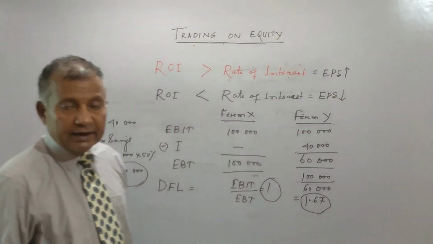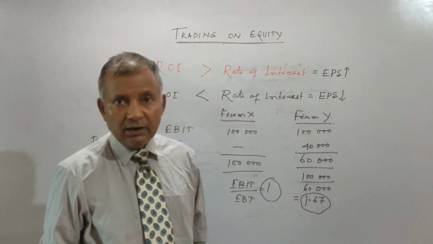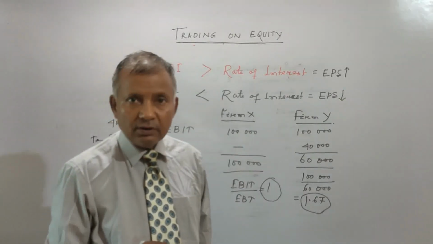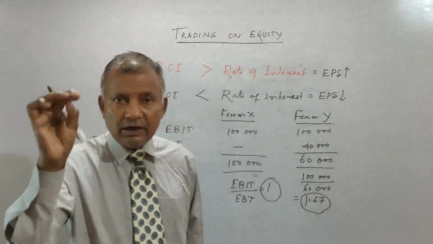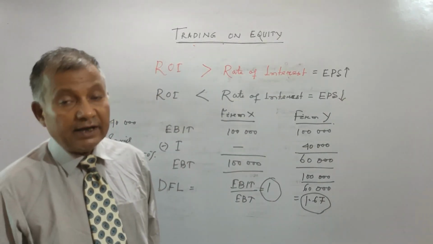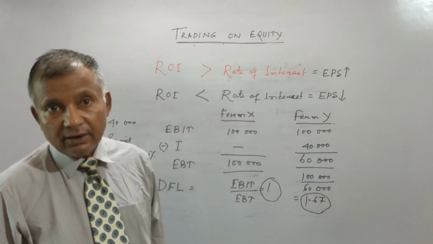So in case of a levered firm, the firm can get the tax advantage. The tax liability will decrease. This is again an advantage of trading on equity.